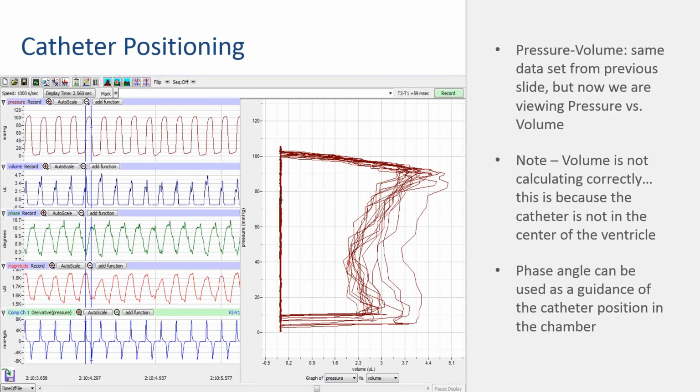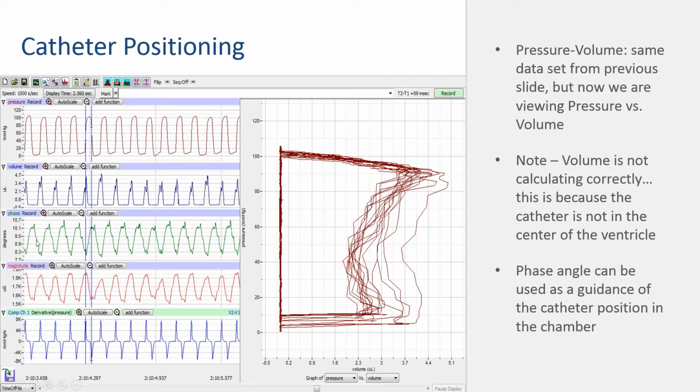Okay? On this slide, we see the pressure volume from the same previous slide, the same data, but now we're viewing pressure versus volume. The volume is not calculating correctly, and this is because the catheter is not in the center of the ventricle. This is because the phase angle, if you notice on the slide before, is between 8 to 10.